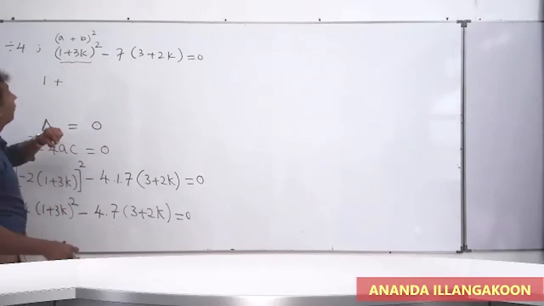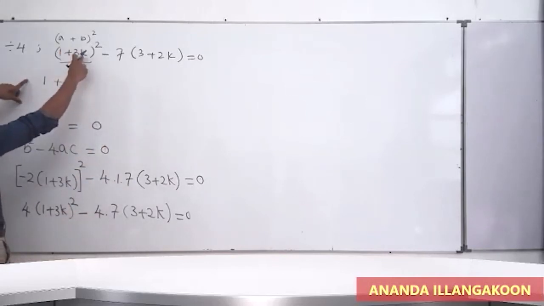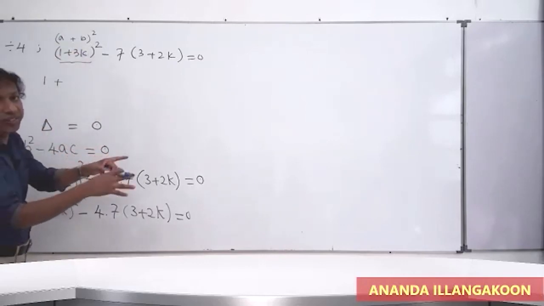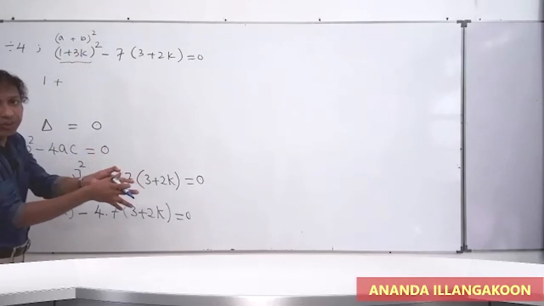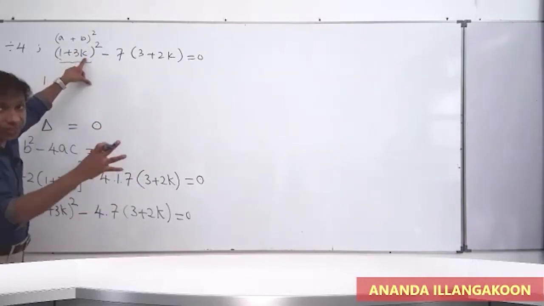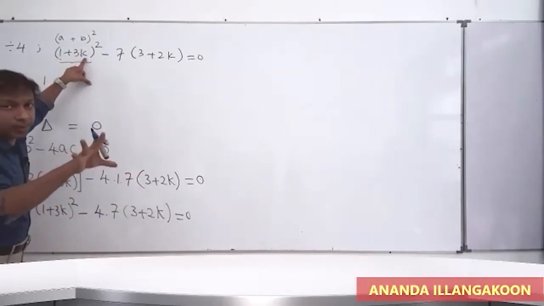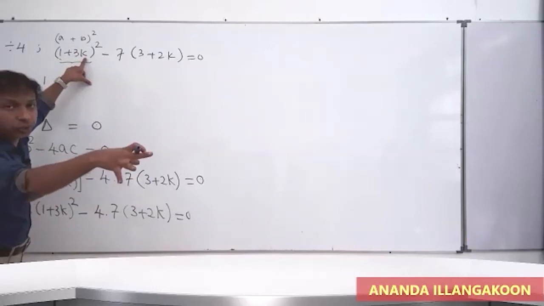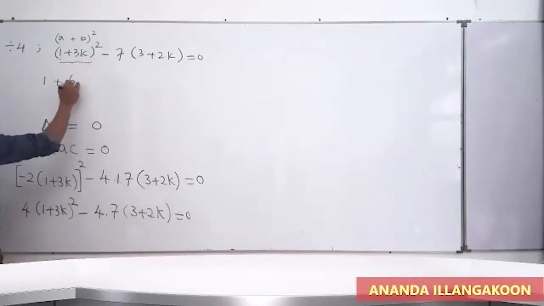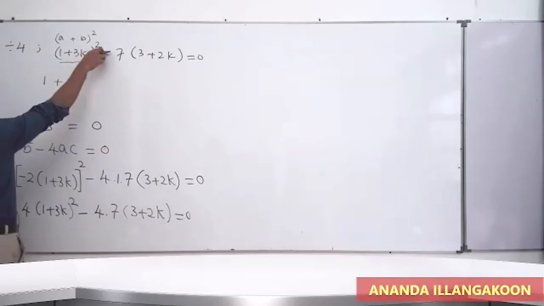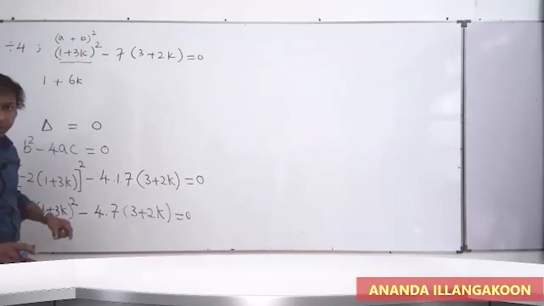2AB, no? When you multiply this 1 and this 3k, 1 into 3k, when you multiply something by 1, the same thing comes. 1 into 3k is 3k. That 3k we have to multiply by 2, 3 into 2 is 6k. And this 3k we have to square. How to square 3k?